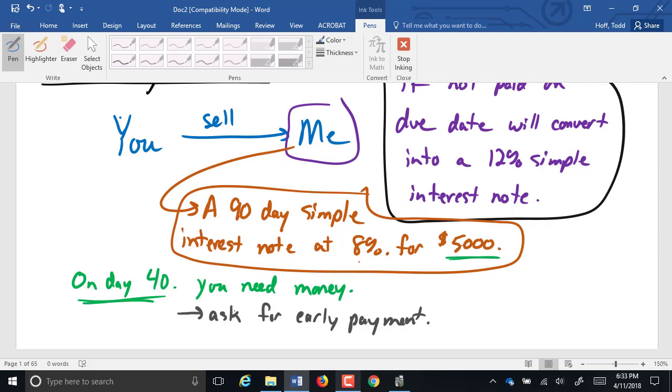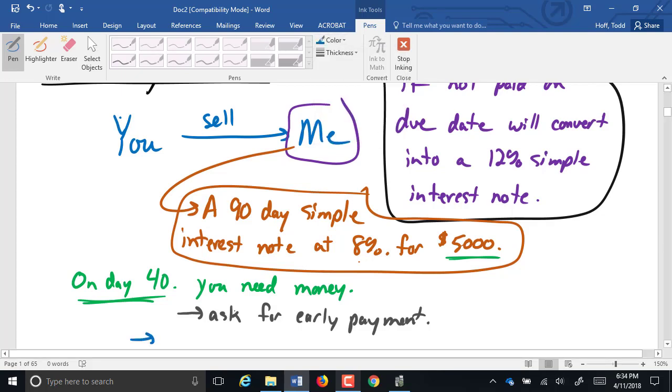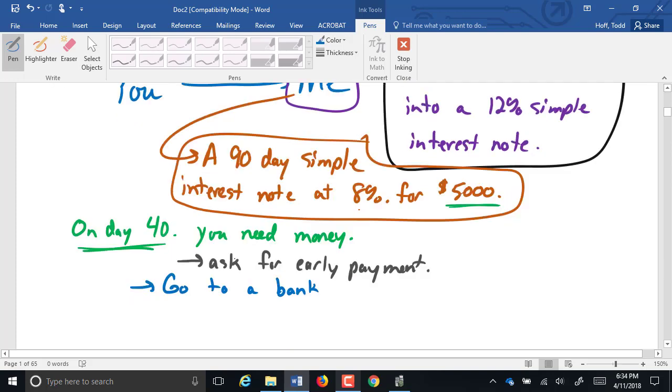But if I don't have the money, I can look at you and say, hey, I've still got 50 more days. I'm not paying yet. So then what are your options? Well, you can go to a bank. And you're going to go to that bank and say, hey, look, I need money right now.